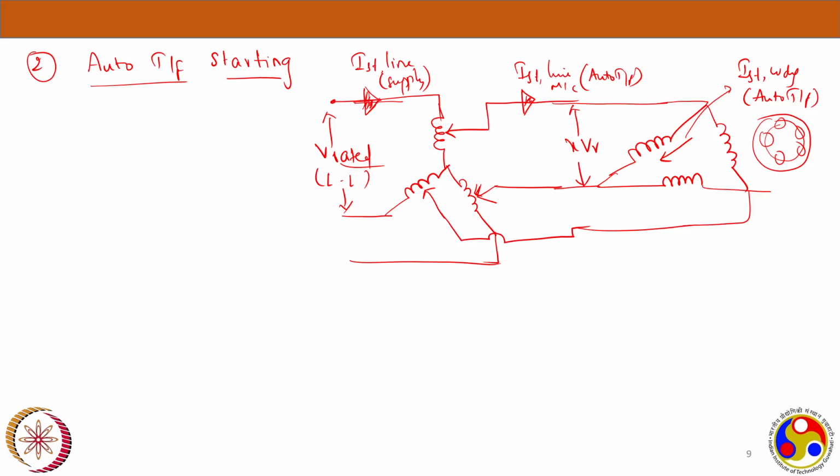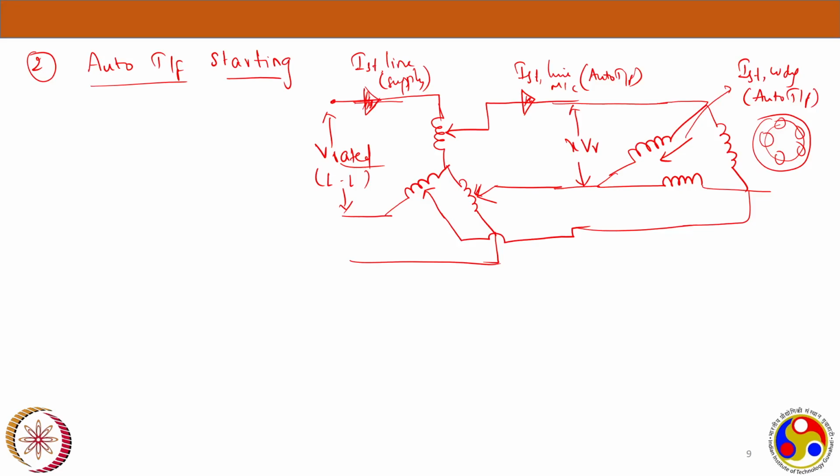The goal is to calculate the starting current drawn from the supply. First, the starting current drawn by your winding due to auto transformer starting is X times V rated divided by Z_SC. That is again the same formula because the voltage is X times V rated and the impedance is Z_SC.